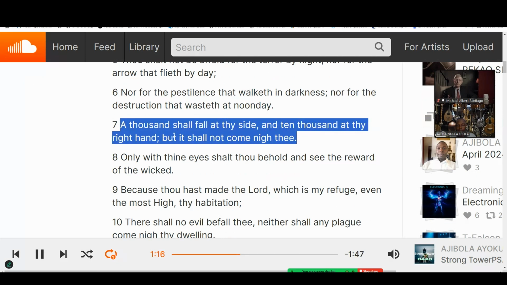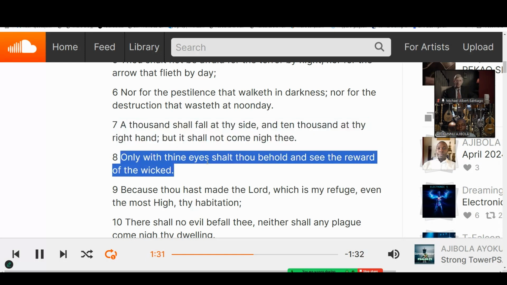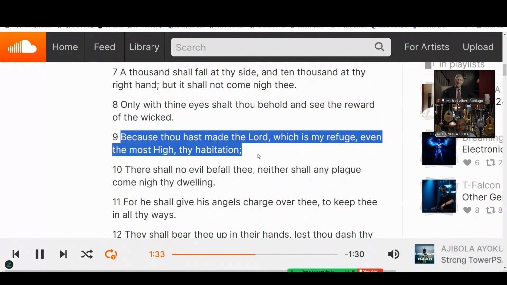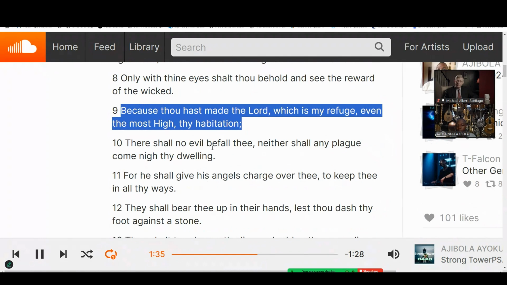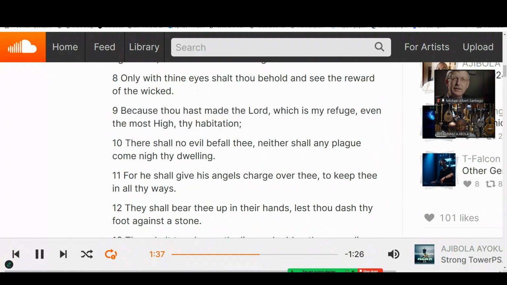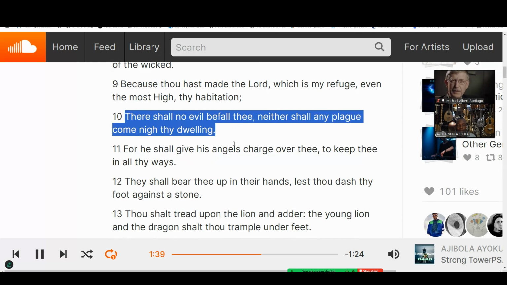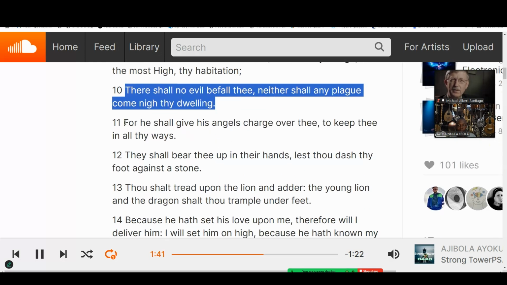A thousand shall fall at thy side, and ten thousand at thy right hand, but it shall not come nigh thee. Only with thine eyes shalt thou behold and see the reward of the wicked. Because thou hast made the Lord, which is my refuge, even the Most High, thy habitation, there shall no evil befall thee, neither shall any plague come nigh thy dwelling.